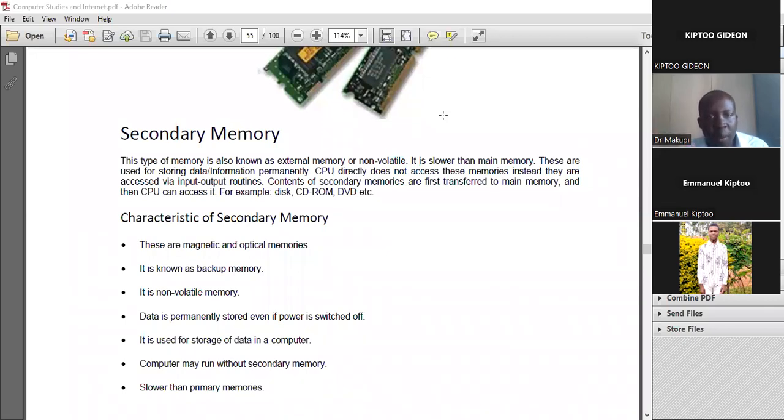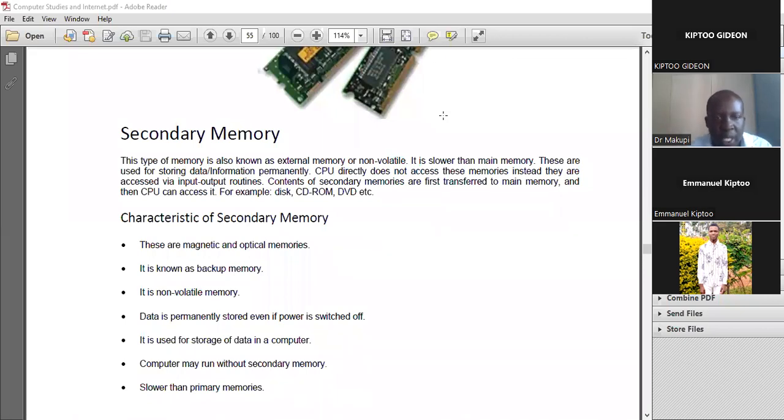Whatever is stored in the primary memory can be accessed by the CPU through the movement of those data and instructions by the operating system to where the CPU can access. But the data inside the secondary memories can be accessed by the CPU via input-output routines. I hope you see the difference.